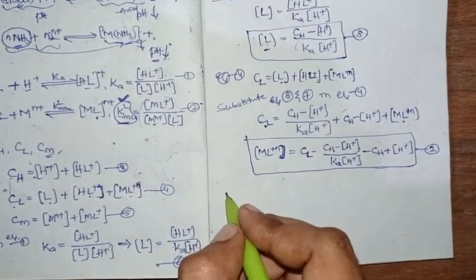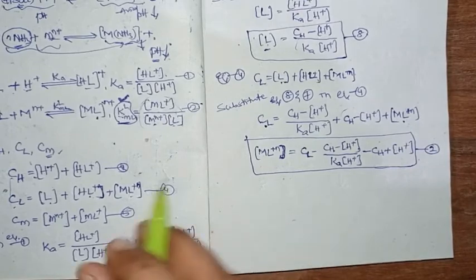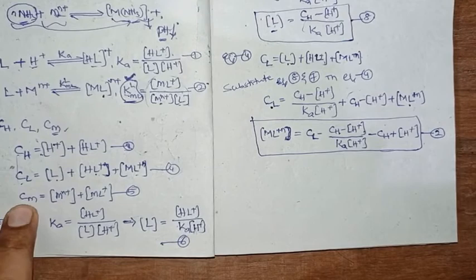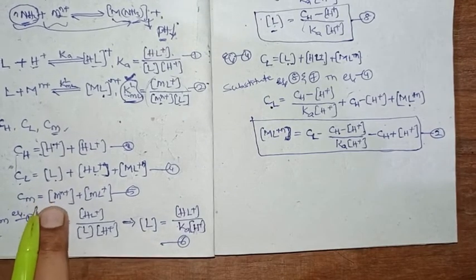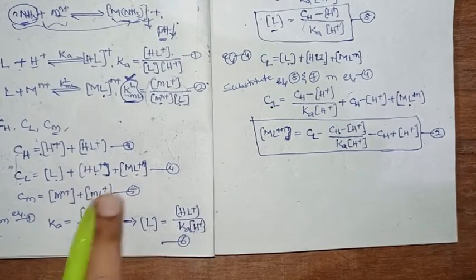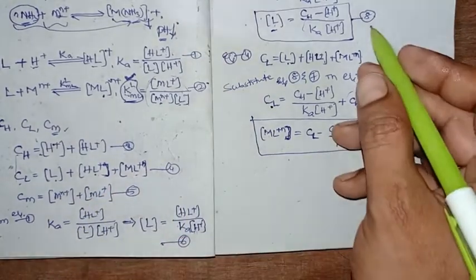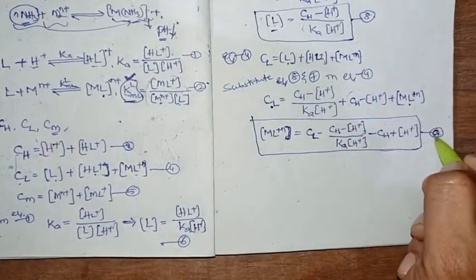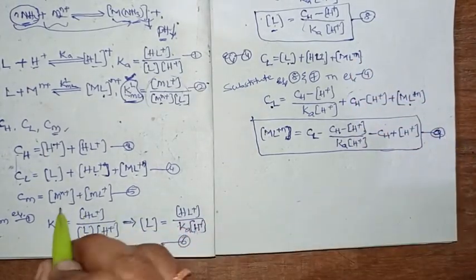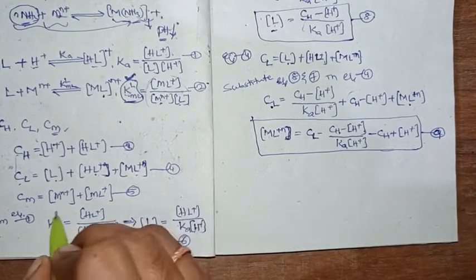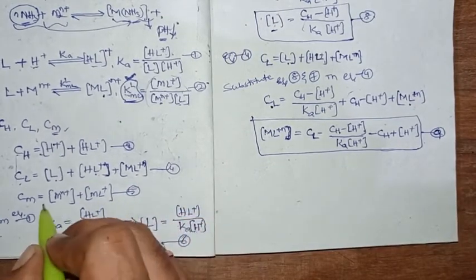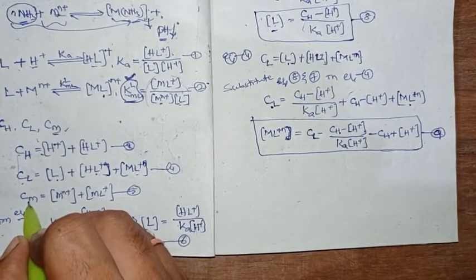Now from equation number 5, what we have: the complete metal concentration equals the remaining metal concentration plus the metal complex concentration, right? And this is the ninth equation. So when we substitute 9 in equation number 5, the complete concentration of metal we know, right?